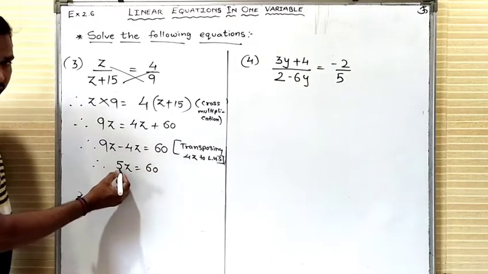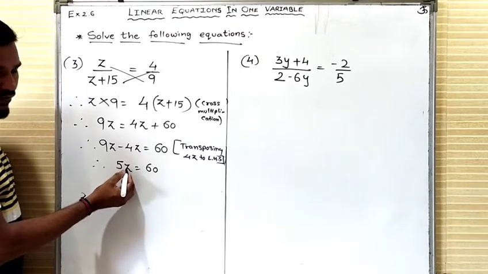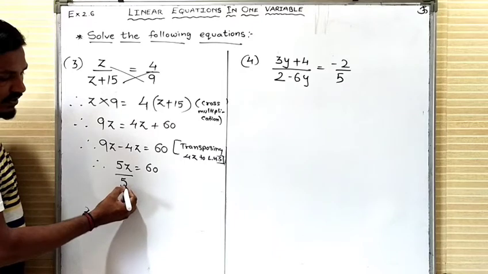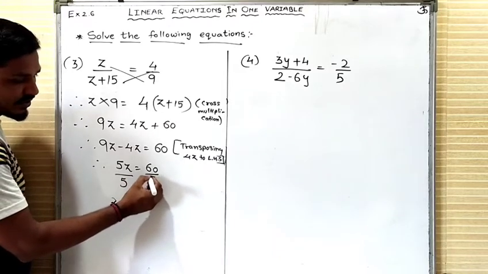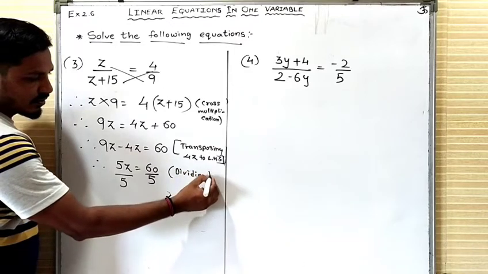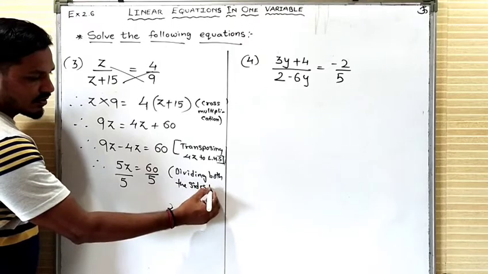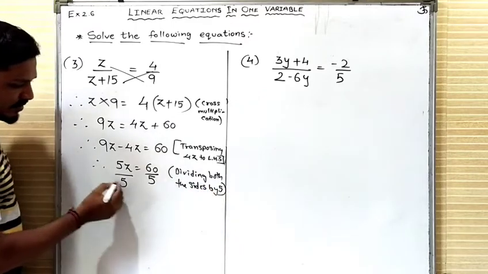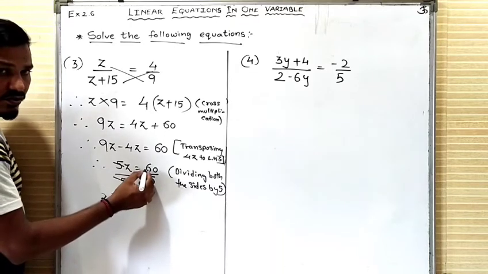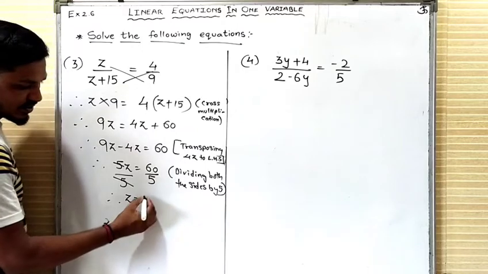Then as I need to eliminate this 5 because it is with variable, as I want to find the value of this variable, so 5z should be divided by 5. Whatever value I am taking toward my left, same value you have to take toward your right. So you have to write dividing both the sides by 5. So 5 and 5 will get cancelled. Now 60 divided by 5, so that is 12. 12 5s are 60.